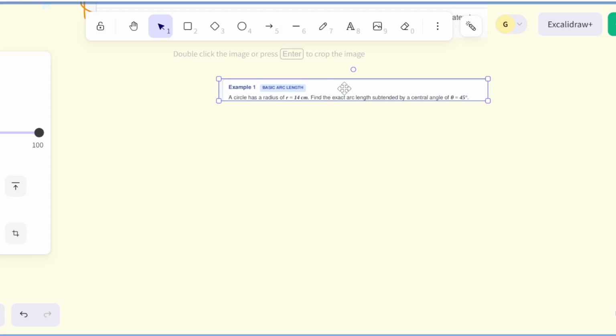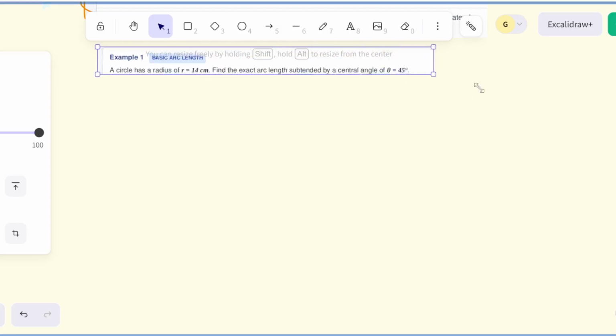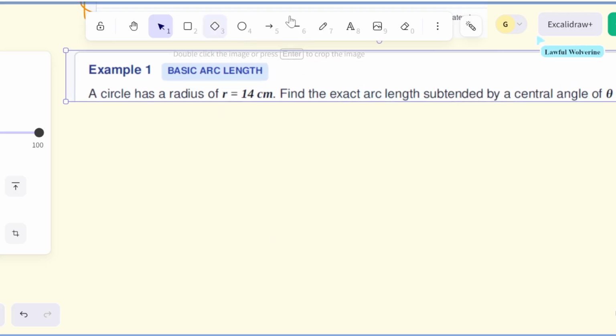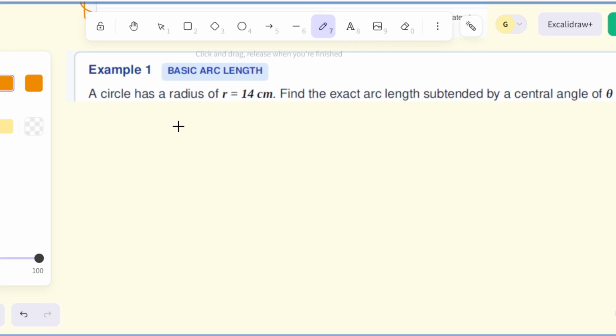So this is the question. They are saying a circle has a radius of 14. Let me draw one circle. The radius is given as 14. This is r, which is 14.